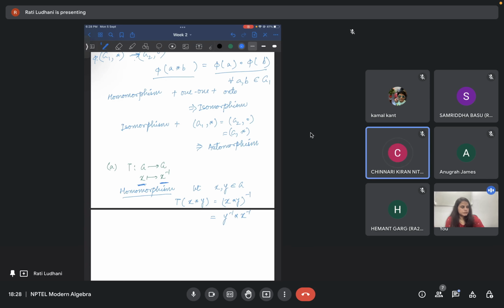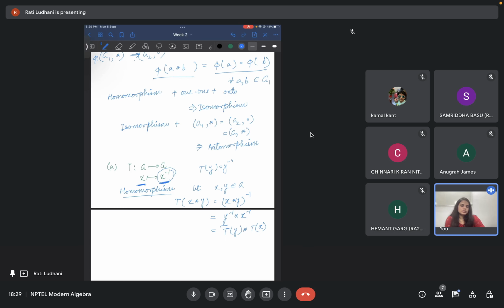You can skip this operation. And what is y inverse? Y inverse is T of y, because if you map y in this notation, you get T of y is y inverse, and the same for x.